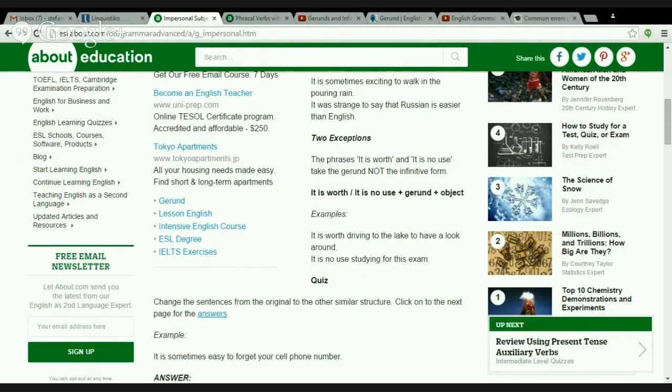I totally get it if you don't like heavy grammar classes. In this class, yeah, I know, I'm doing a super heavy grammar class, but there are two ways to teach this. You could teach it using all of these grammatical words, or you could give a sentence like it is worth driving to the lake to have a look around, or it is no use studying for this exam, and then you could just have students make their own sentences.